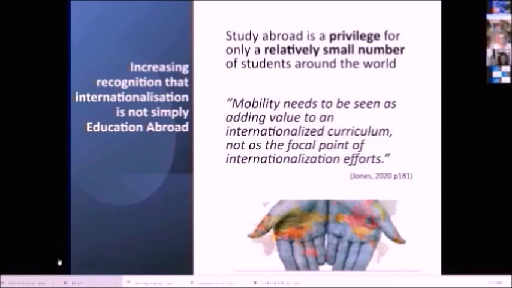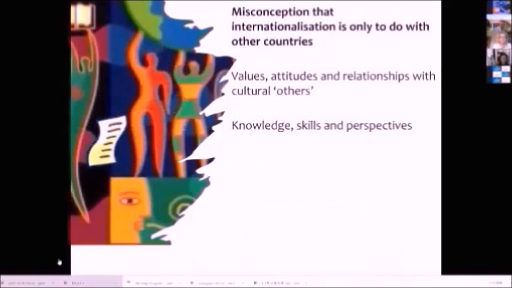The next slide talks about further misconceptions, really, that we need to think about internationalization not only to do with other countries, but as you'll see from my early slide there, the kind of diversity in the classroom means that we need to think about cultural others in a very different way, and we need to work on the values, attitudes, and relationships that we can use to help us develop those intercultural perspectives.